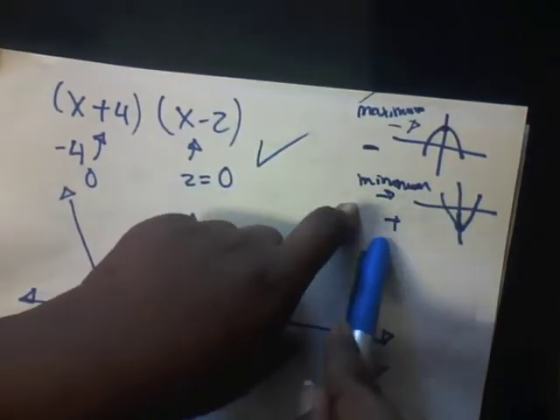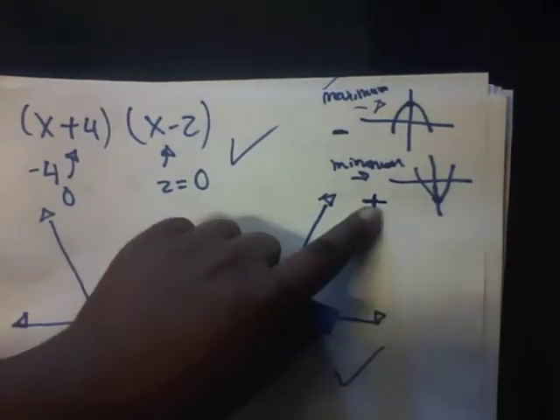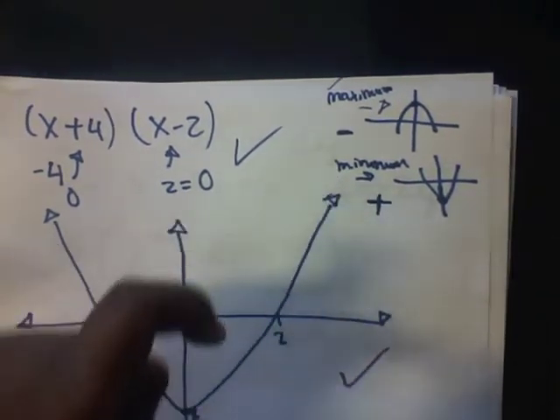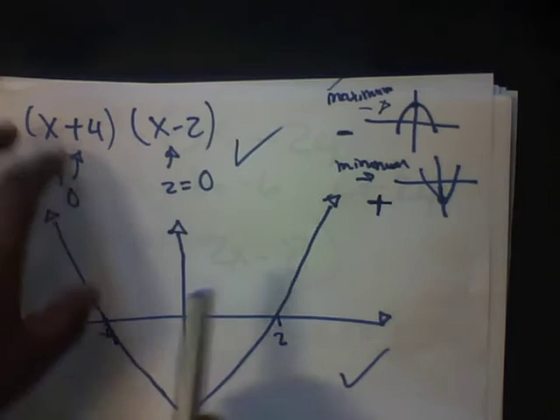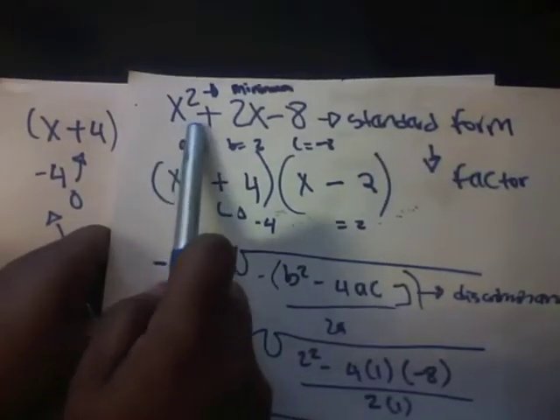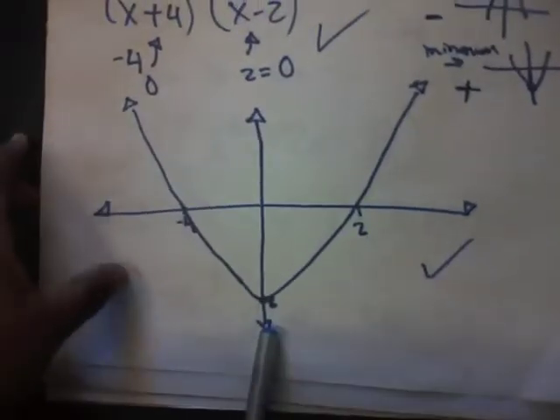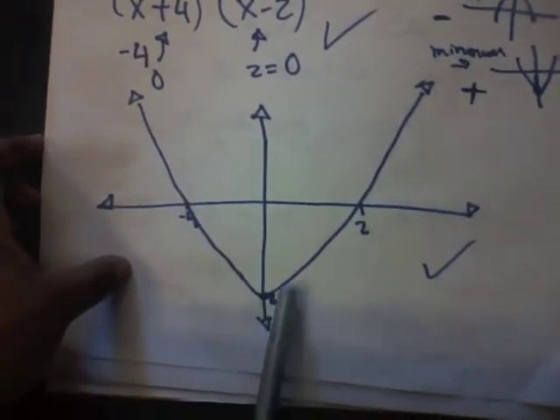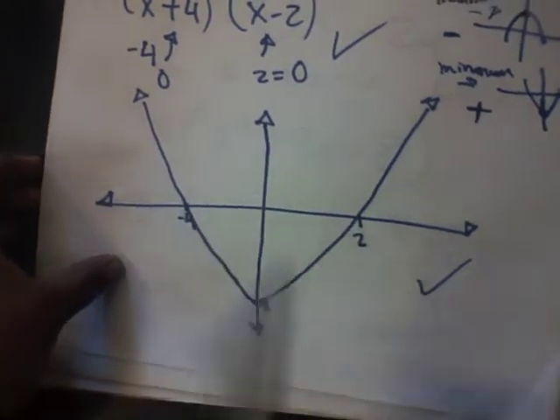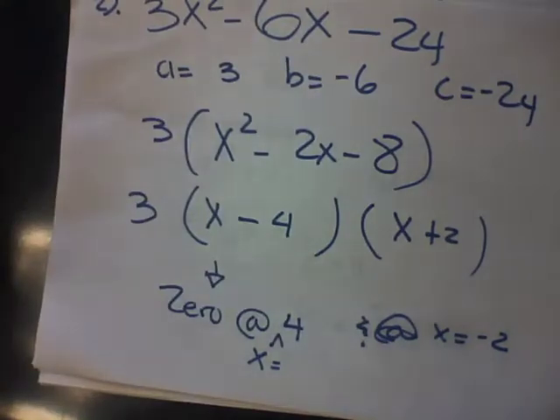And if the leading coefficient is positive, let me write that down, then the graph will be a minimum. Since the leading coefficient of this equation was positive, that means that the graph is a minimum. So I know that this is right. And then the zeros, and then the graph, the y-intercept.